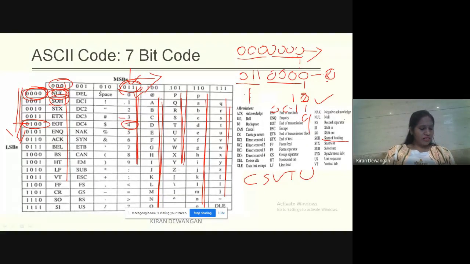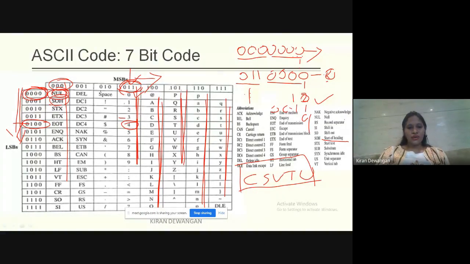Are you getting my point? ऐसे कुछ भी दे सकता है, but CSVTU ही देता है. Clear? So that is the reason that you need to understand the ASCII code. आपको ये कुछ याद रखने पड़ेंगे कि वो कहाँ से स्टार्ट होता है और कहाँ पर एंड होता है. So this is how the ASCII code would be.